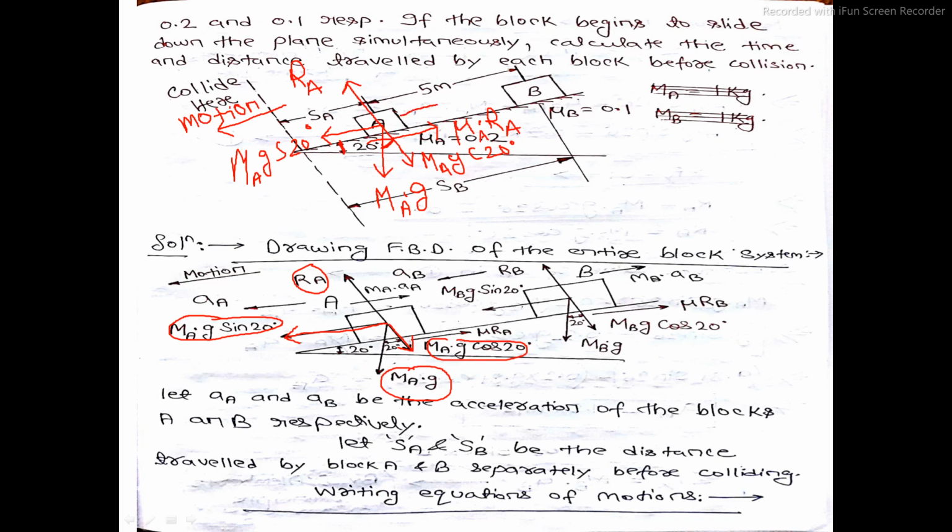This is the inertia force direction, and its magnitude will be the mass of block A into the acceleration of block A, MA into a suffix A. This is the inertia force that will act on block A, but it will act up the inclined plane. Why? Because the motion of block A is down the inclined plane.